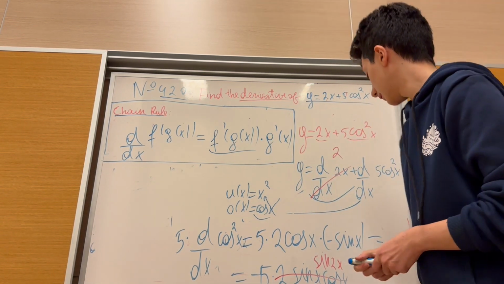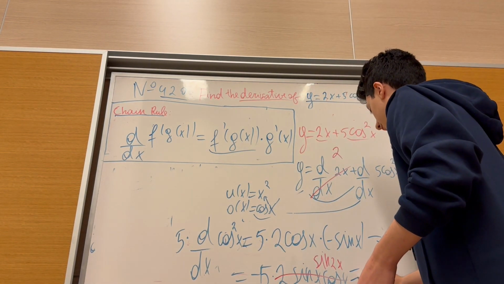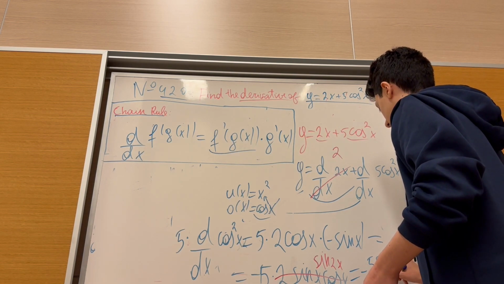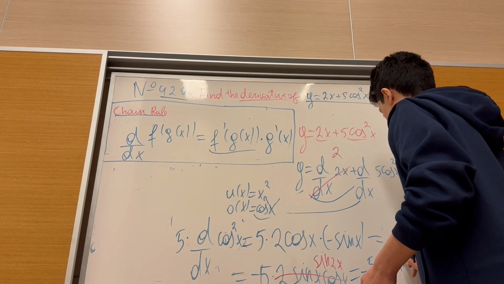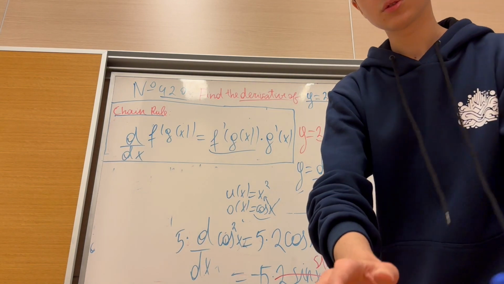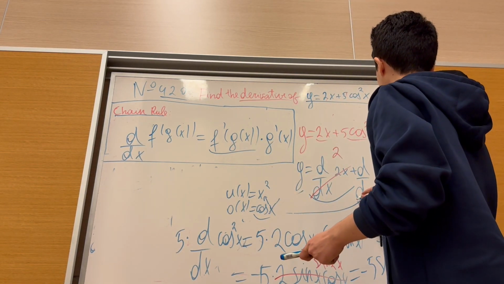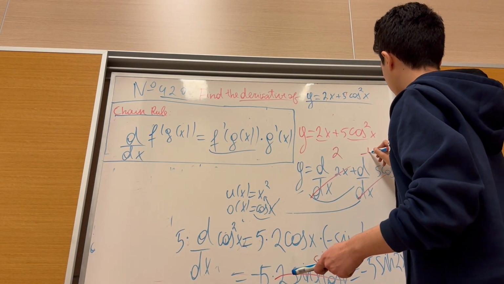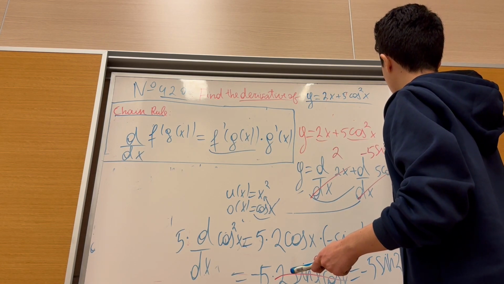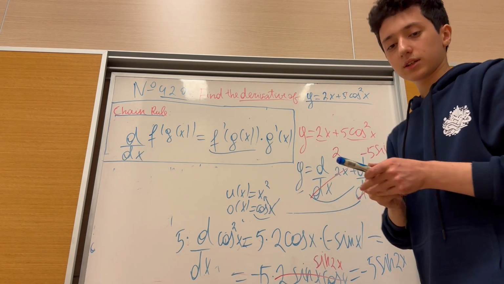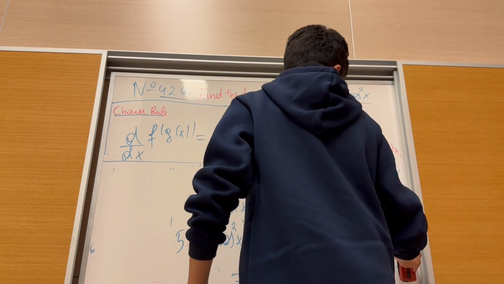Now we know that it will be minus 5 sine 2x. Let's put it here also. There. It will be minus 5 sine 2x. And we're almost done.